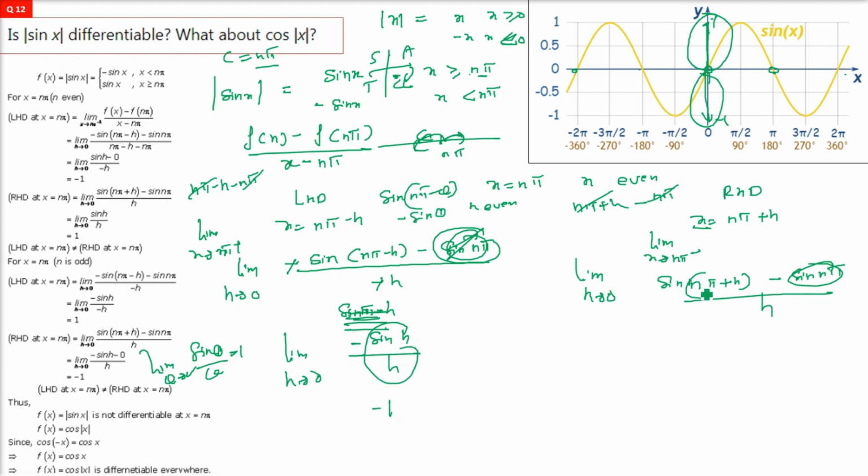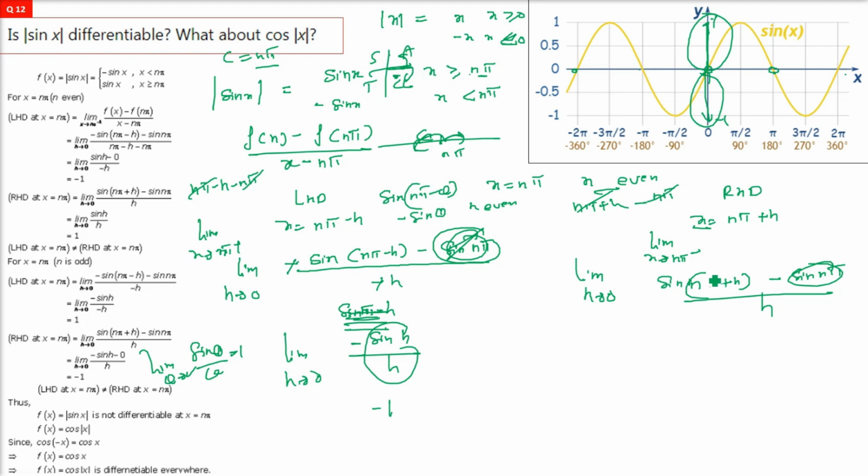Similarly, on the right hand derivative, same thing you are going to do. We are checking n even, so sin n pi plus h, n is even, so it is 0, 2 pi, 4 pi, like this. When you add something to it, n pi plus h, you are coming here, and here everything is positive.